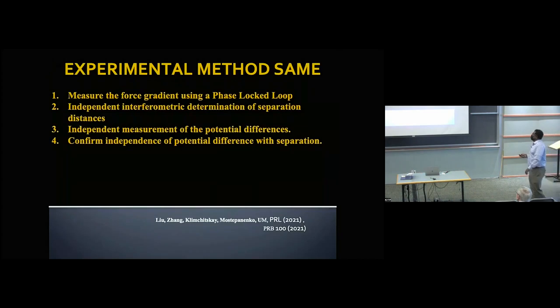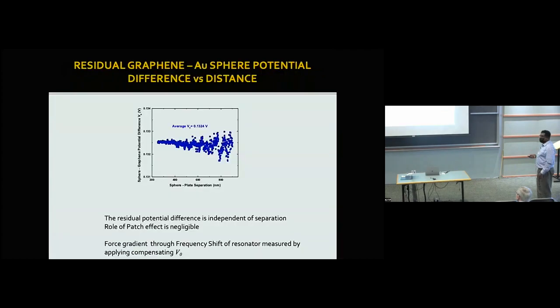So we measured the Casimir force using the same technique. I'm not going to go into detail on this, but the key point is, there's a potential difference between the graphene and the gold sphere. You have to make sure that it is constant as a function of separation.